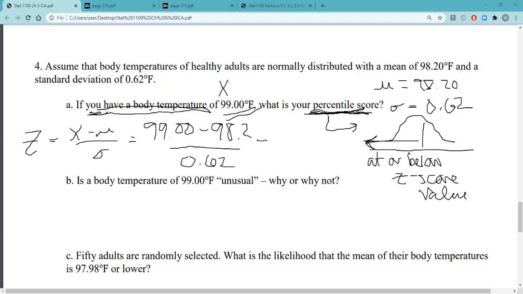I end up having approximately a z-score of 1.29. And remember that this z-score should always be rounded to 2 decimal places. So now I'm looking at the percentage of data values that are at or below a z-score of 1.29.